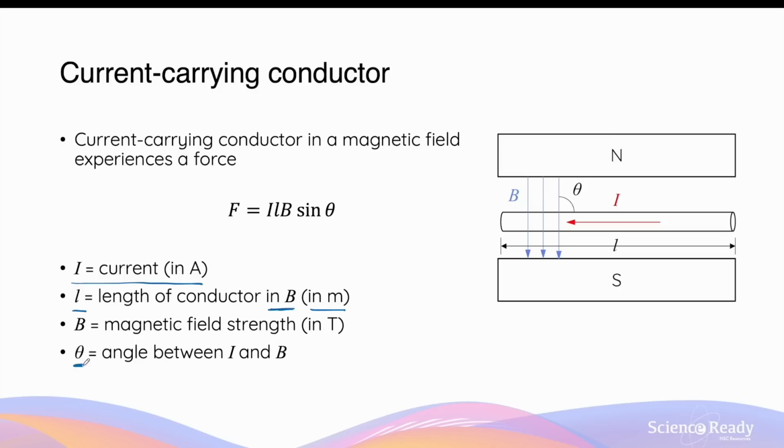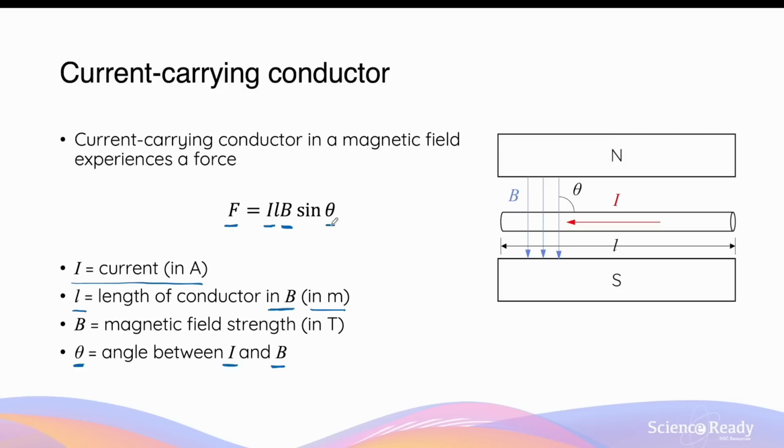Now the angle is between the direction of the moving charges, that is the current, and the direction of the magnetic field, B. You will use this equation to determine the force acting on any current carrying conductor when they are placed inside a magnetic field.